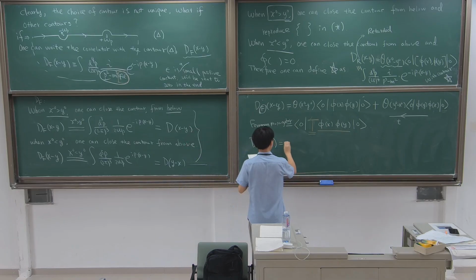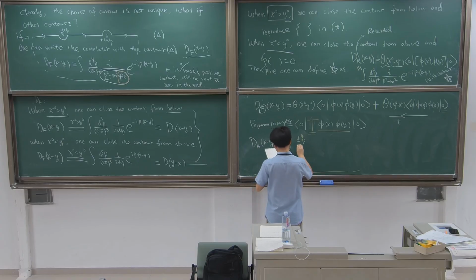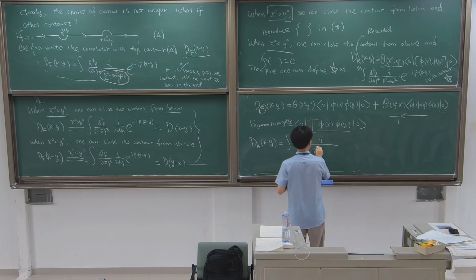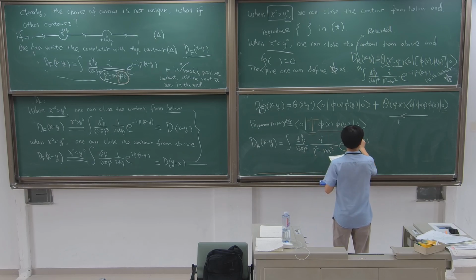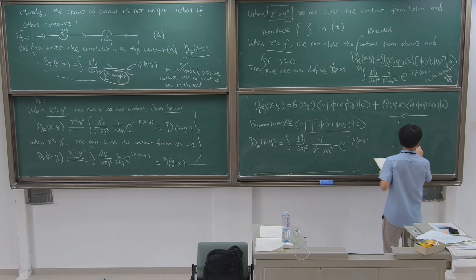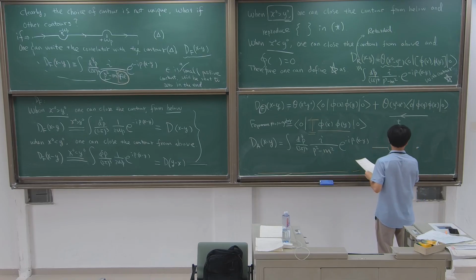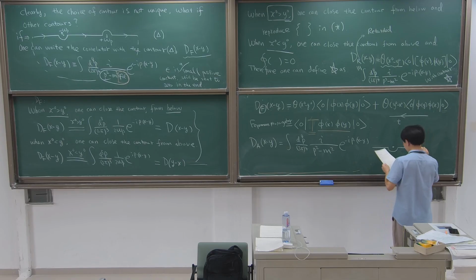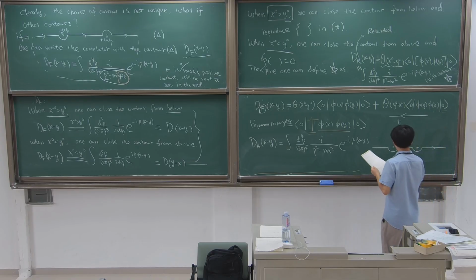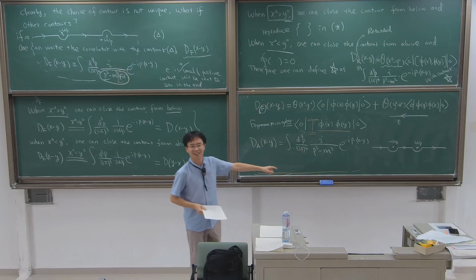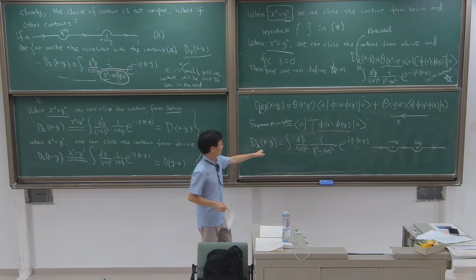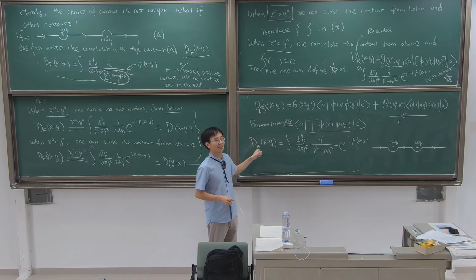If you choose a different contour, we can define another propagator. It may look a little strange, but it's equally well defined. If you choose a contour in this way, it gives you another propagator.